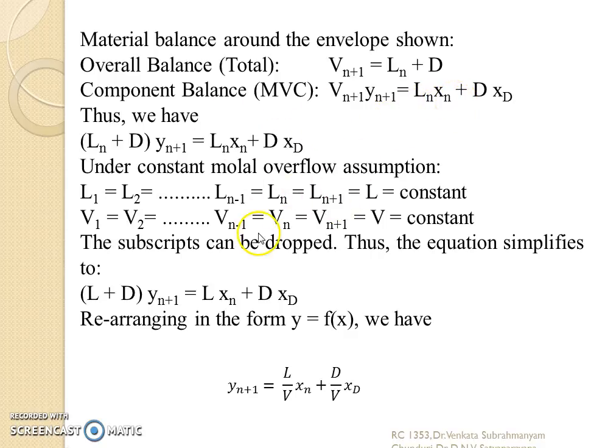By simplification and using the appropriate assumptions, the equation becomes Yn+1 = (L/V) Xn + (D/V) XD. That is, the operating line has a slope of L/V and an intercept of (D/V) XD.